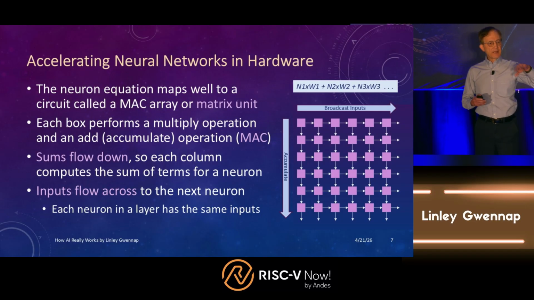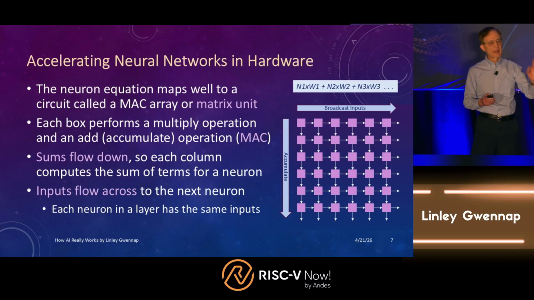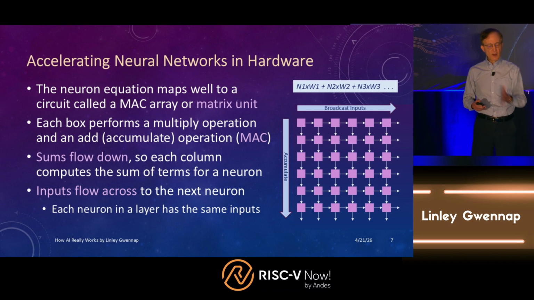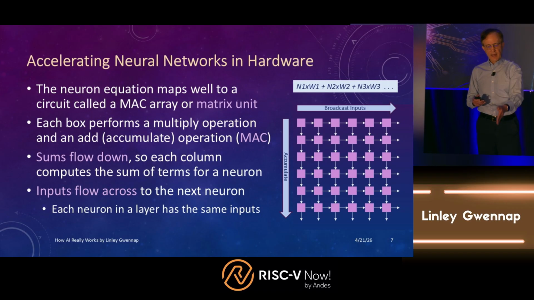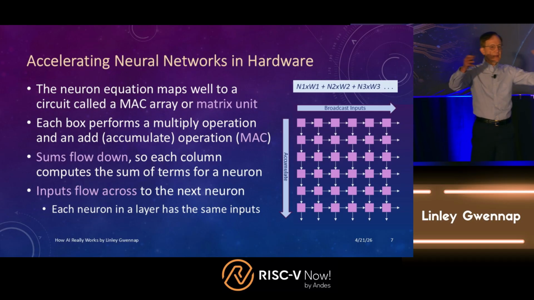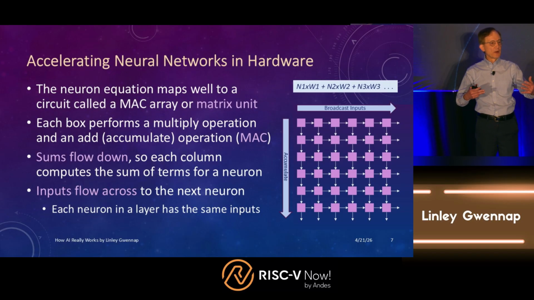Now, when I mentioned that each neuron in a layer is fully connected, it takes all of the inputs from the previous layer. So every neuron in that layer has the same set of inputs. So those inputs then flow across this array. And so the second column calculates the output of the second neuron in the layer, and each column then calculates a different neuron. So now, within this single matrix unit, you can calculate the output of multiple neurons in parallel without any programmable input.